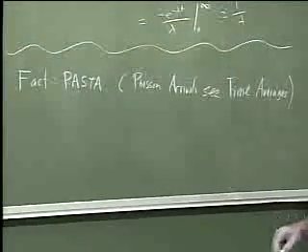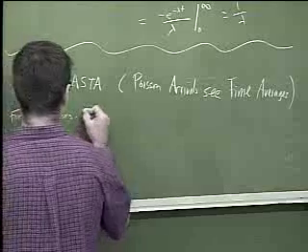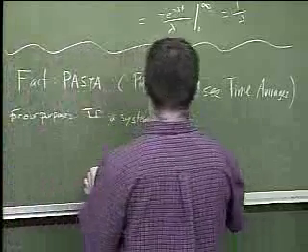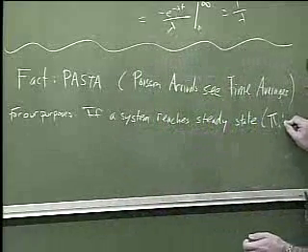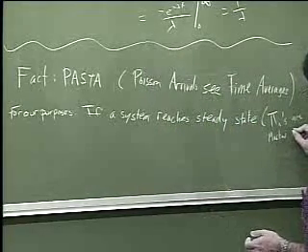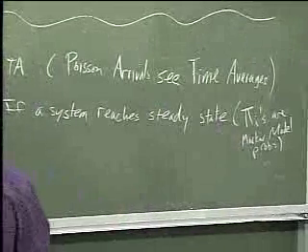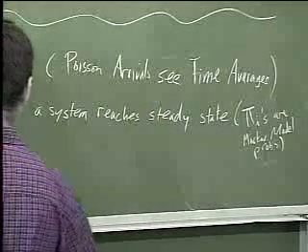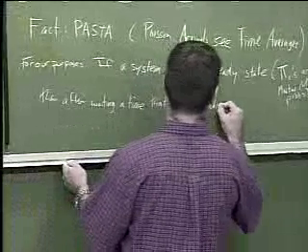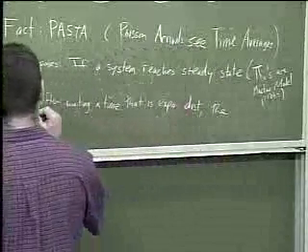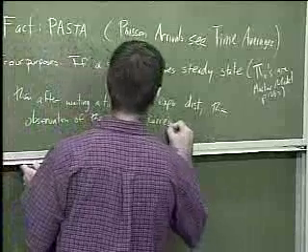In a nutshell, what this is saying is, for our purposes, if a system reaches steady state, which is those pi sub i's, the Markov model probabilities in steady state, then after waiting a time that is exponentially distributed, the observation of the system corresponds to the steady state probabilities.